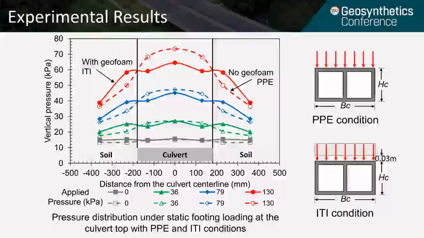This is under a loading of about 130 kPa. So using geofoam, even with a thin layer of 72 millimeters or 0.2 BC, where BC is the width of the culvert, it can reduce the pressure on the culvert and transfer it away to the surrounding soil.